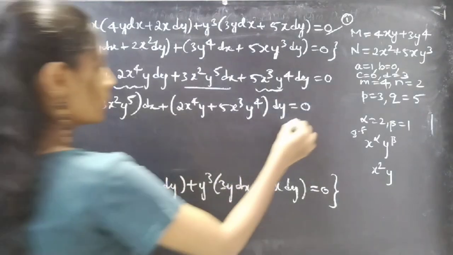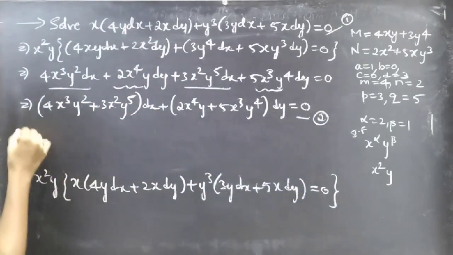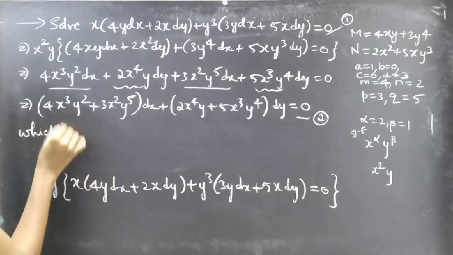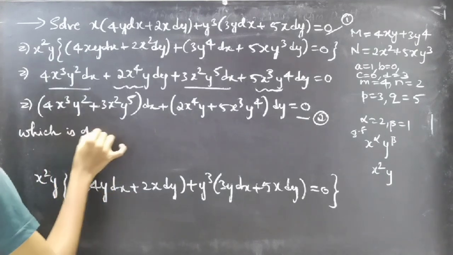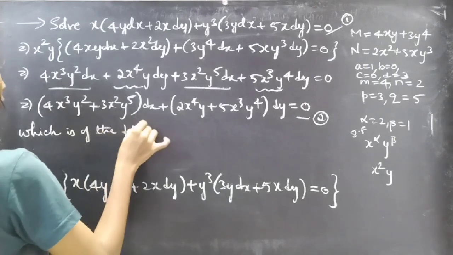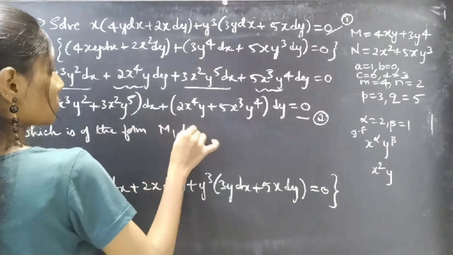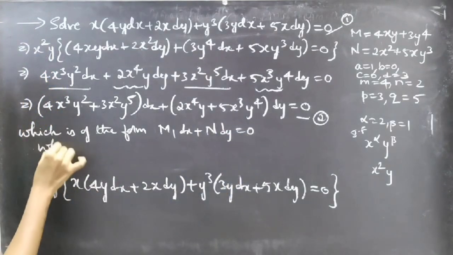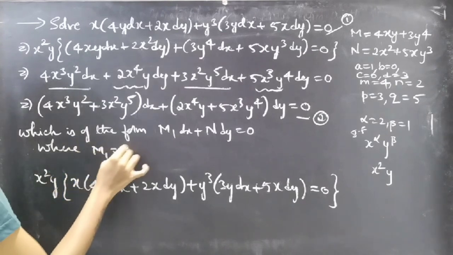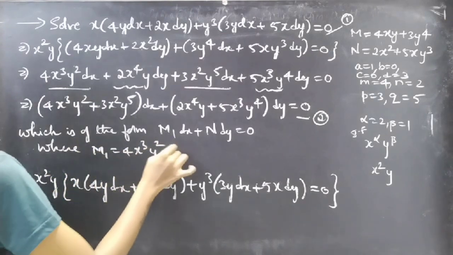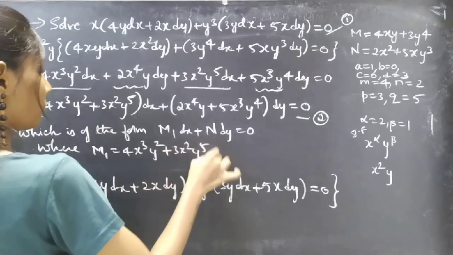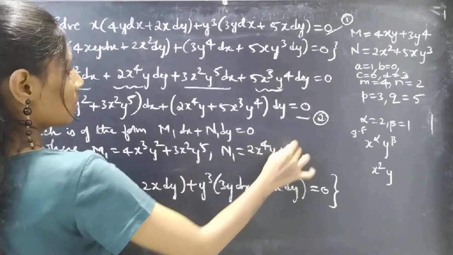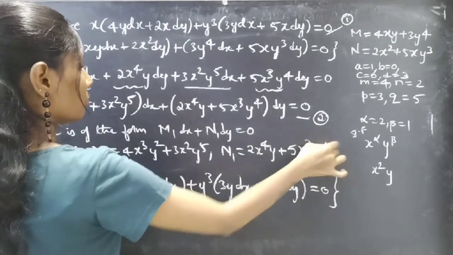Right? Consider this as equation number 2, which is also in M dx plus N dy form, of the form m1 dx plus n1 dy equal to 0, where m1 equal to 4x cube y square plus 3x square y power 5 and n1 equal to 2x power 4 y plus 5x cube y power 4.